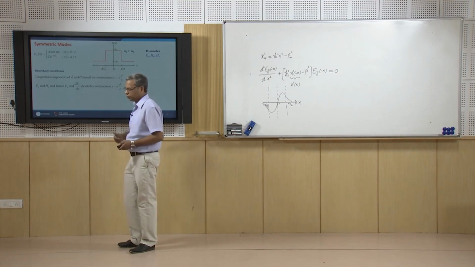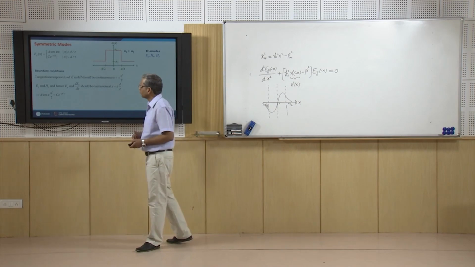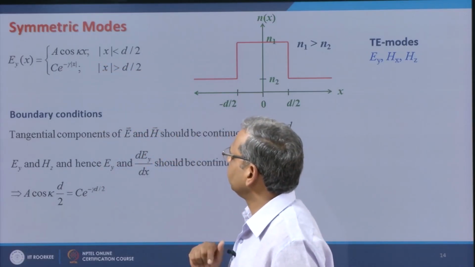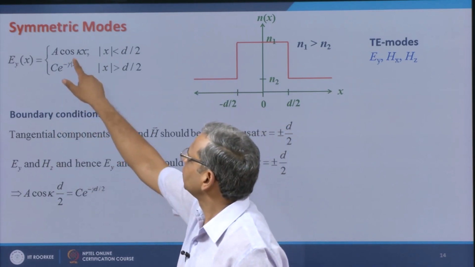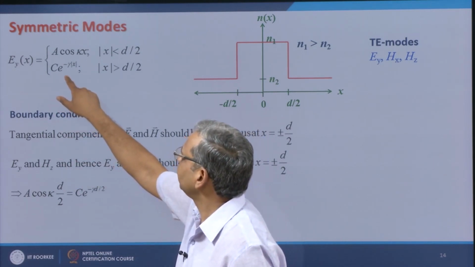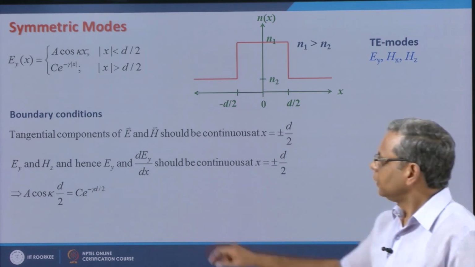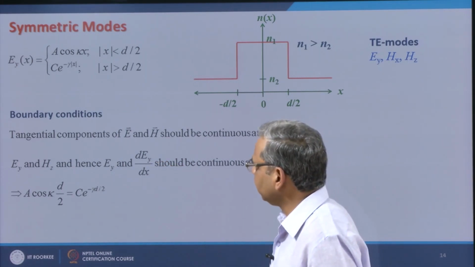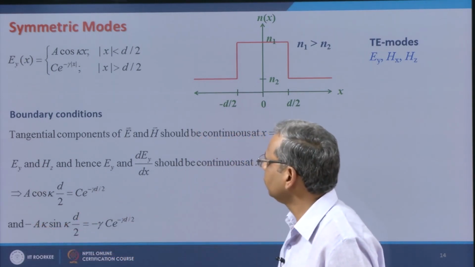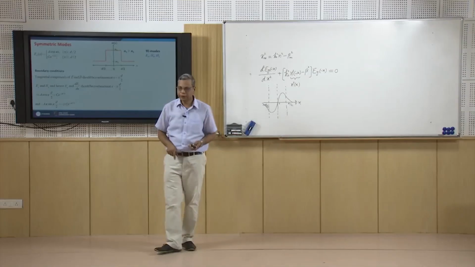Let me do it for x equal to plus d by 2, the same would be obtained for x equal to minus d by 2. So, Ey should be continuous at x equal to plus d by 2, which means a cosine kappa d by 2 should be equal to c e to the power minus gamma d by 2, and then for the derivative dEy over dx, I will get minus a kappa sine kappa d by 2 equal to minus gamma c e to the power minus gamma d by 2.